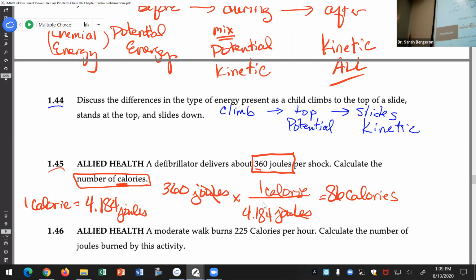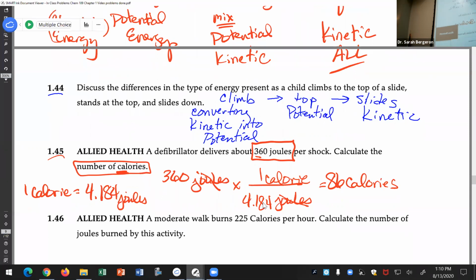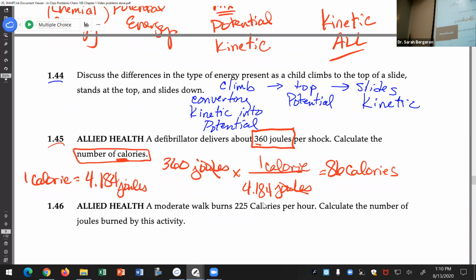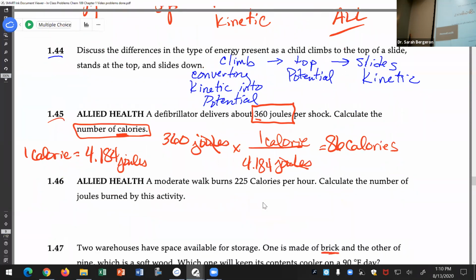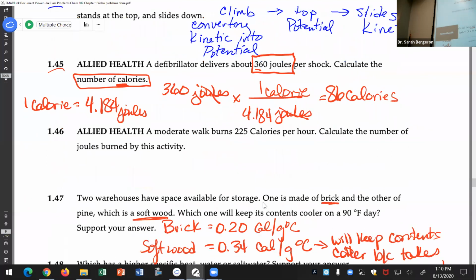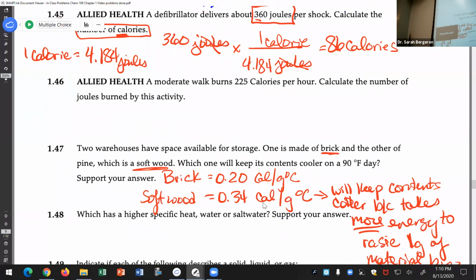He's actually converting kinetic into potential. Sound good?